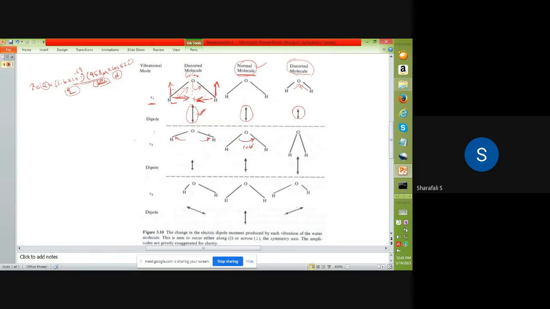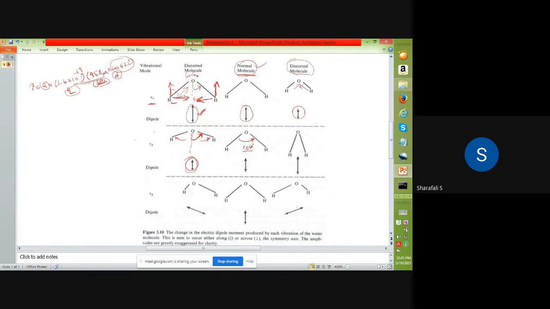That's why it is called a symmetric bending, and the dipole moment will get reduced because your angle is increased here. If you take the cos of that angle, that will be less than the original one. So your dipole moment will get reduced here.